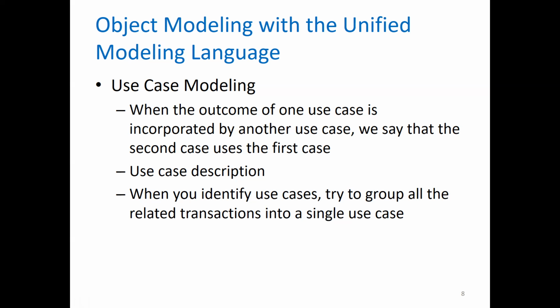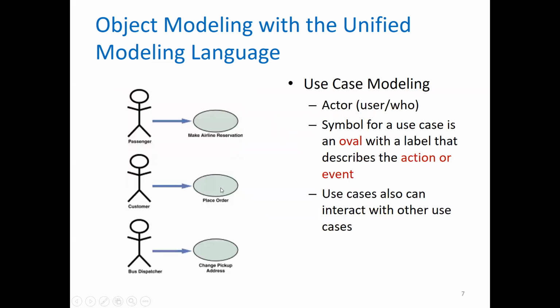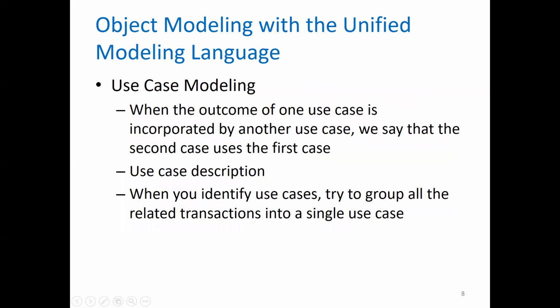Now, use cases must have a description. Like I told you about this, this is your symbol for use case. It must have a description, like place order. And all related use cases or transactions can be grouped. Meaning, if you feel that you have use cases which are very similar to one another, you can group them up.